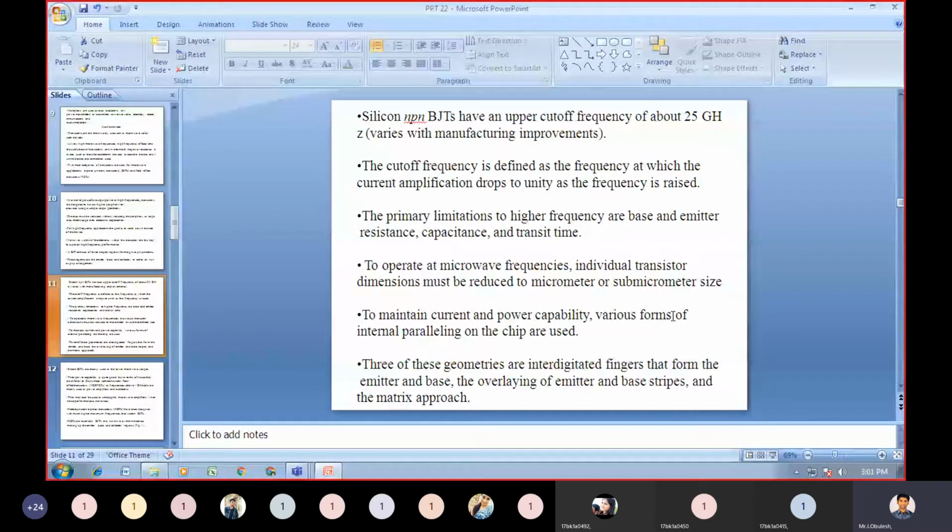To maintain current and power capability, various forms of internal paralleling on the chip are used. Three of these geometries are interdigitated fingers that form the emitter and base, the overlaying of emitter and base strips, and the matrix approach.